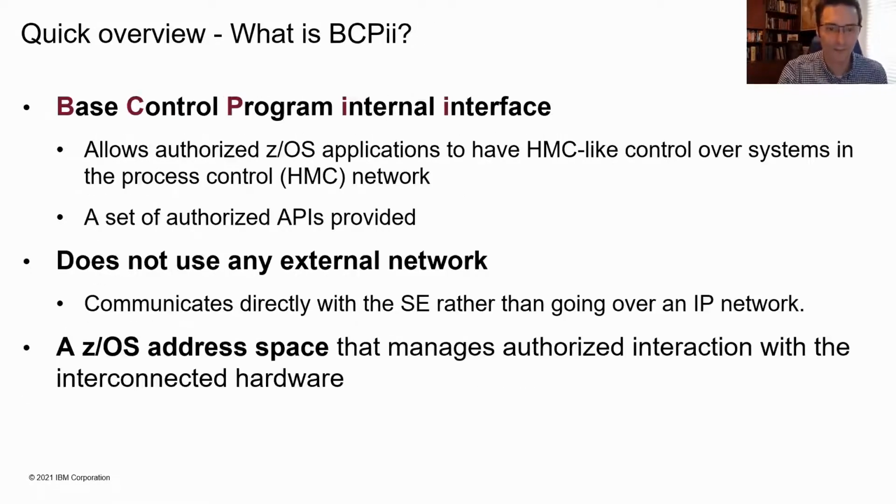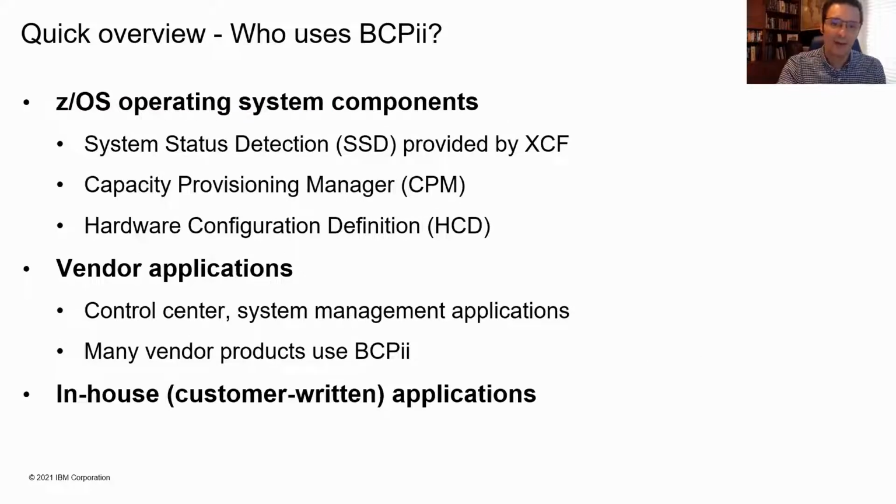Okay, so now there's a lot of people that use BCPii today. Whether it's XCF using system status detect to be able to detect when they miss a heartbeat from one system, what should they do? With system status detect, they use BCPii under the covers to say, oh, I don't have a heartbeat from that other system in the sysplex.